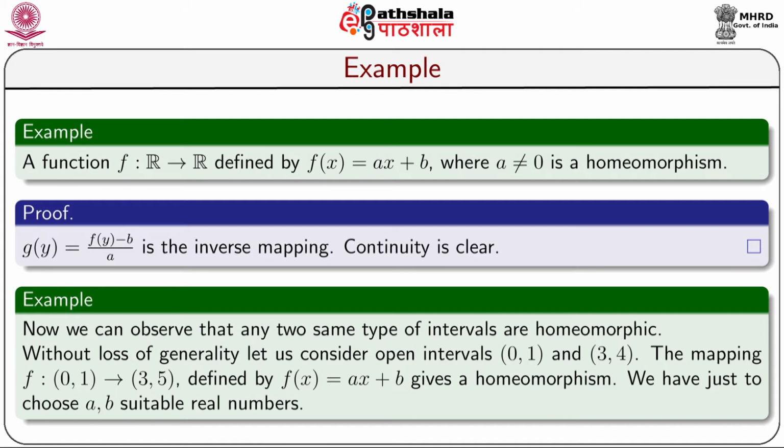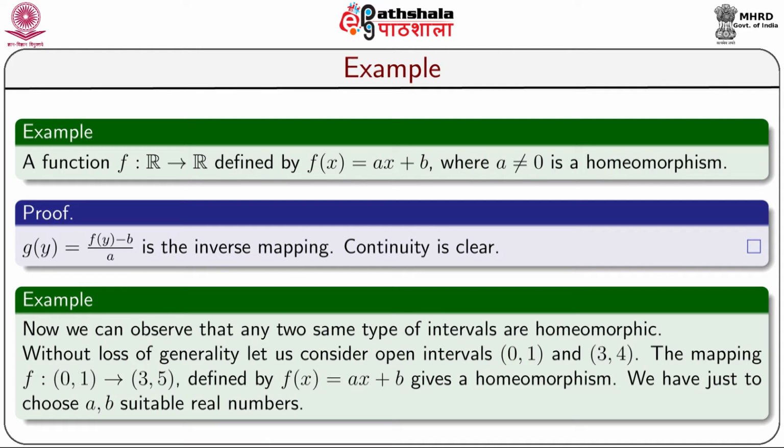Continuity is clear. If we observe the mapping f carefully, what does f do? There are two parts. One is multiplication of x by a, that means it increases or decreases the magnitude, and another part is plus b, that is, f(x) is an affine transformation.